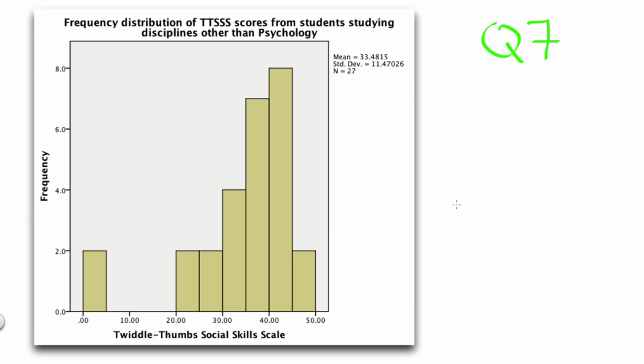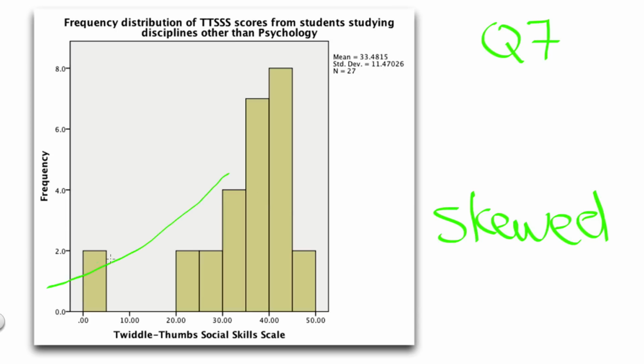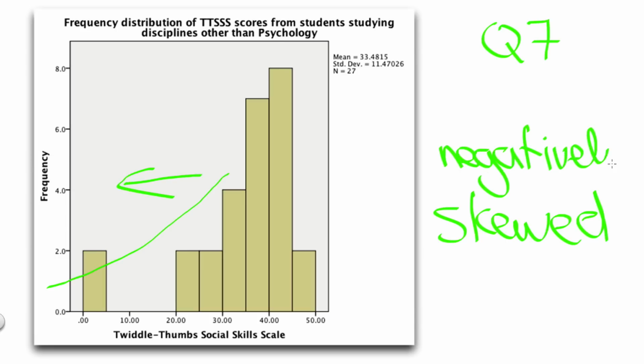The data's more to one side than the other. It's easy to see that it's skewed again. However, this time, the tail is more over to the left-hand side, pointing in that direction, towards the negative end of a number line. And so this distribution will be described as negatively skewed.